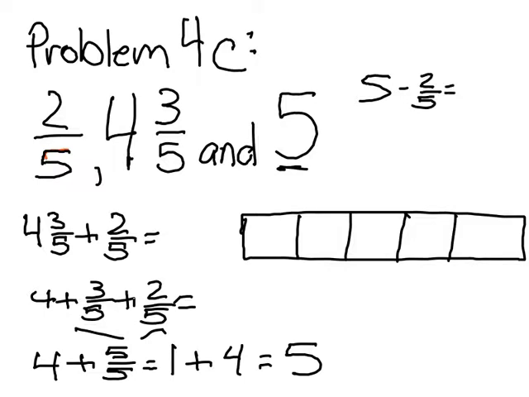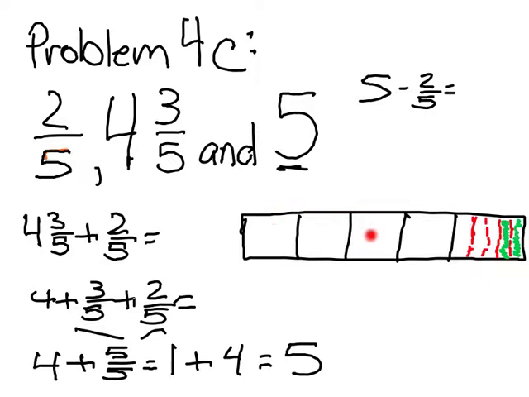So let's do this. 1/5, 2/5, 3/5, 4/5, 5/5. We're going to subtract 2/5, so let's take 2 of these away. And our answer is going to be what's left.